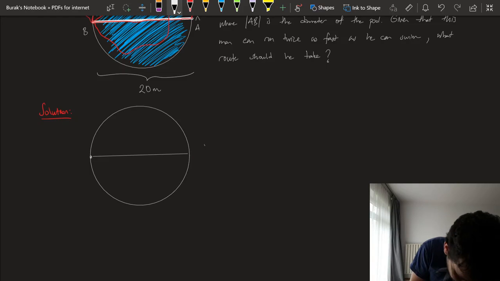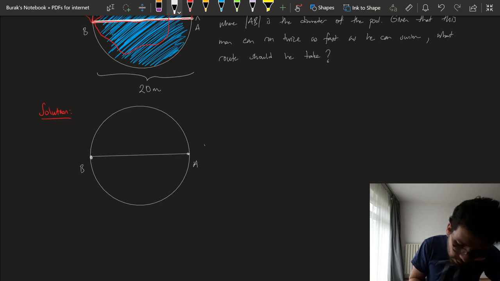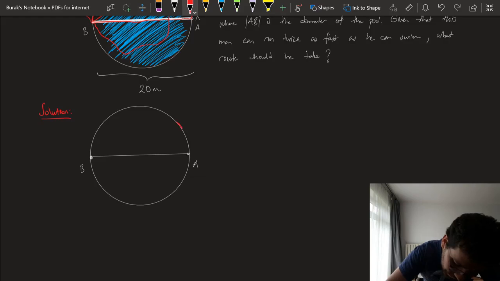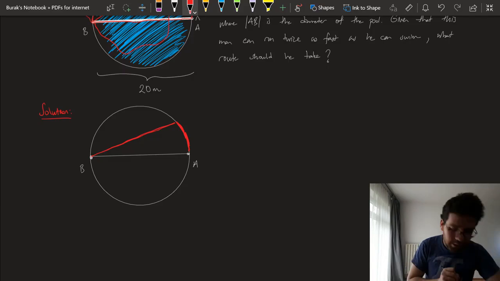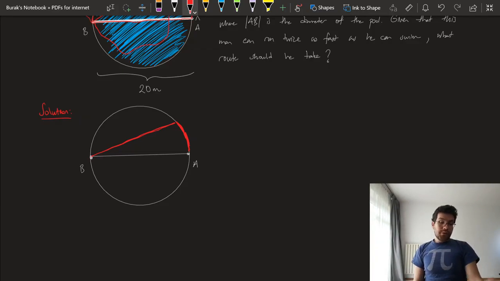Okay, so this is the point B, this is the point A. Whatever his optimal route is, because of these two observations, it's going to look like that. Maybe he ran some of this way, and afterwards he decides to jump in. And after he jumps in, he should swim directly towards the point B. Okay? So roughly, his route is going to look like that. We're trying to figure out where he should jump in.